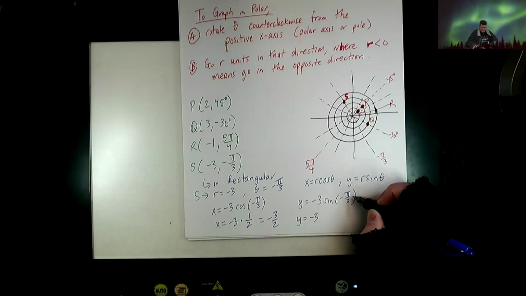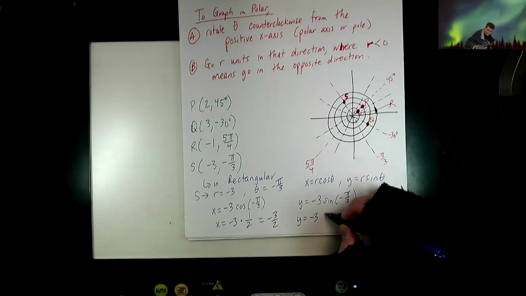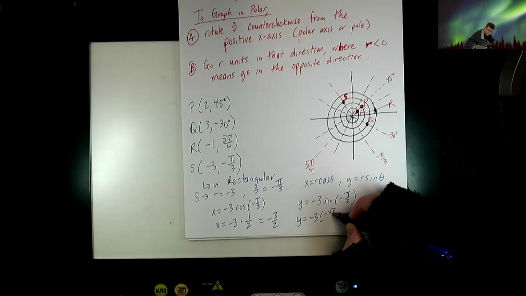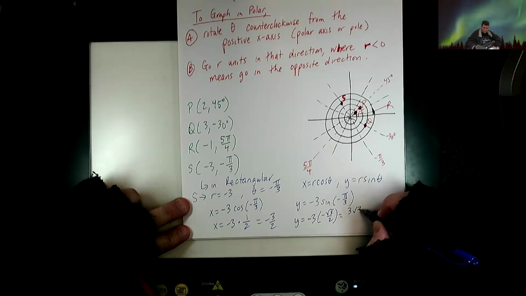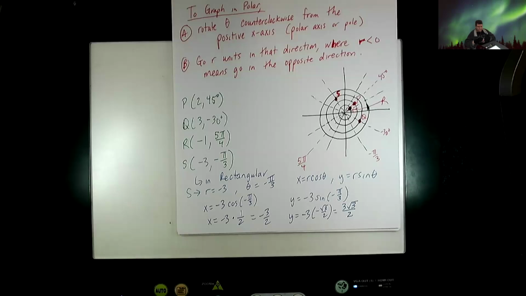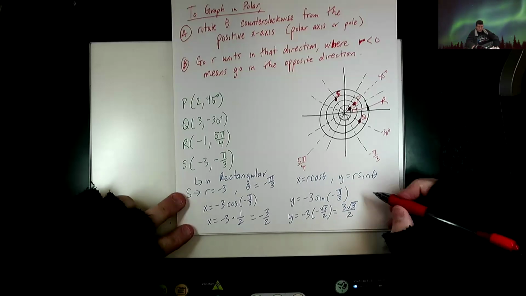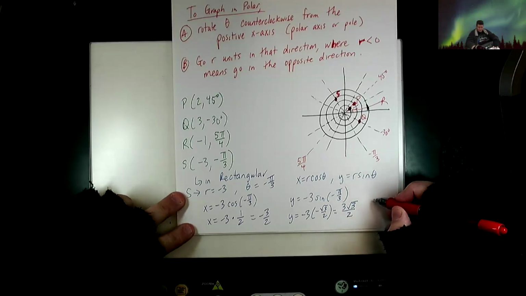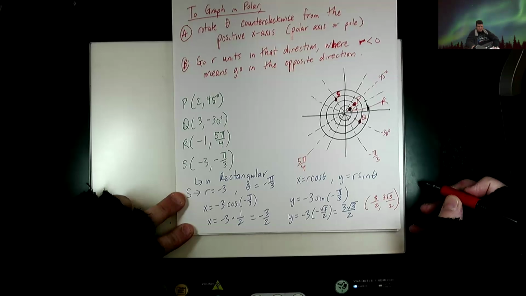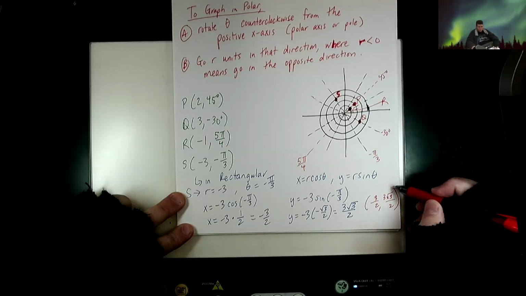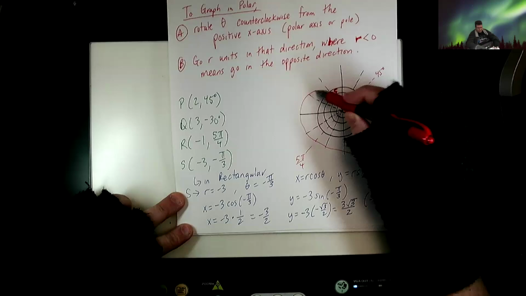Sine of negative 60 degrees is negative root 3 over 2. So this is positive 3 root 3 over 2. And I get the coordinate (negative 3/2, 3 root 3 over 2). Which does line up with the quadrant that we have.